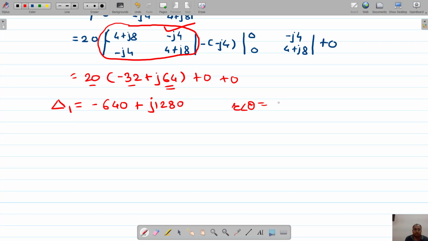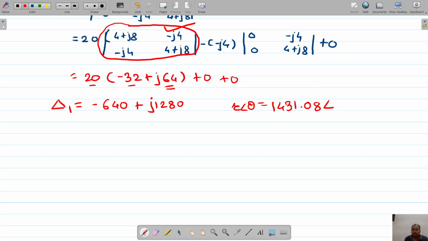Let me calculate it by means of a calculator. Square root of 640 squared plus 1280 squared results in 1431.08. Let me calculate the angle. Shift tan, tan inverse of 1280 divided by minus 640.